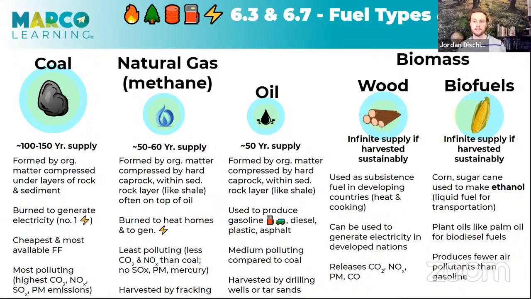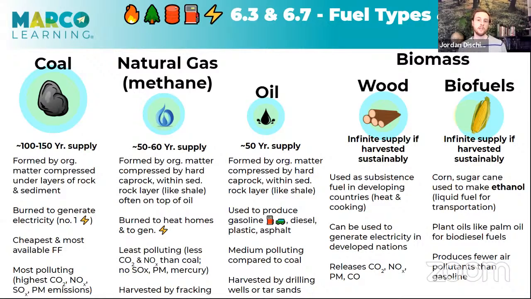Oil then has roughly a 50-year supply, pretty similar to natural gas, and it is primarily used for gasoline. So it powers vehicles, and it also makes diesel fuel, though, which powers large trucks, and then it's used to make plastic. So that's one kind of like apes, hashtag apes knowledge point that we need, that some folks overlook.